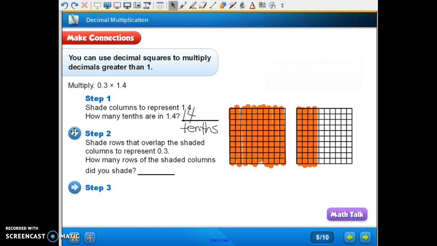How many rows of the shaded columns are we going to shade? 3 rows. So take your colored pencil of a different color and do 3 rows.